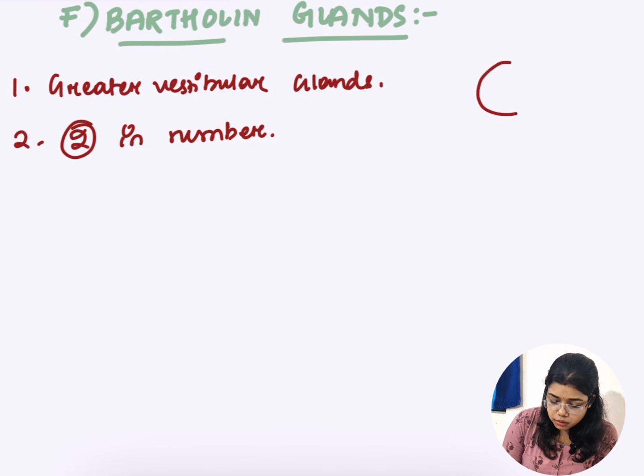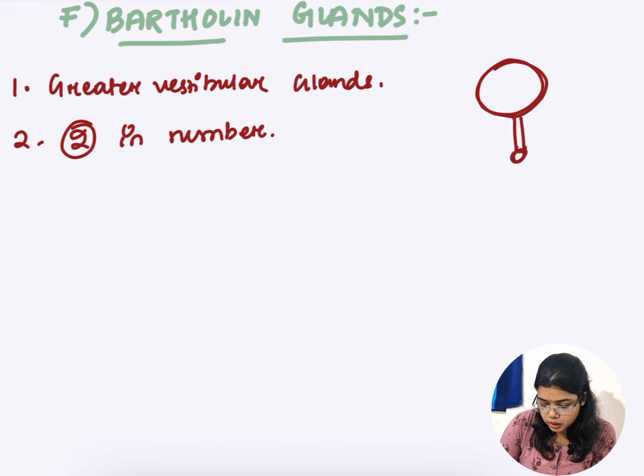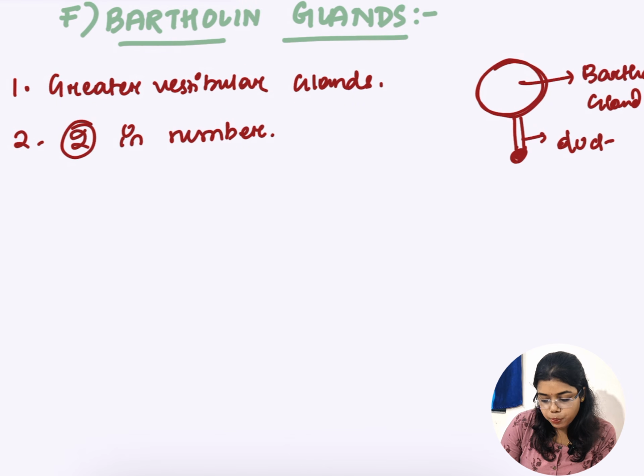Where is its opening? See, this one is the gland. This one is the opening. This is the Bartholin gland, and this is the Bartholin duct. So you will see the ductal opening in the vestibule, not the gland. The gland is present inside, in the interior part, and externally you will only see the opening of the duct, which is two in number.